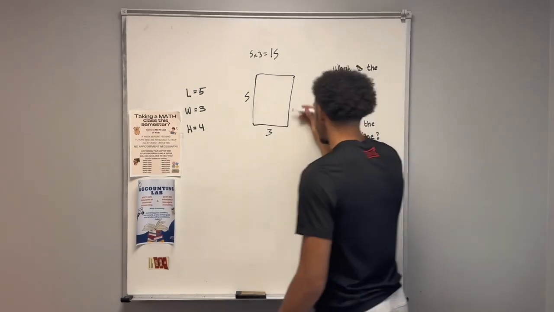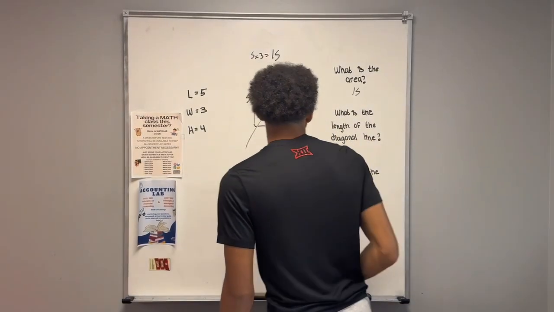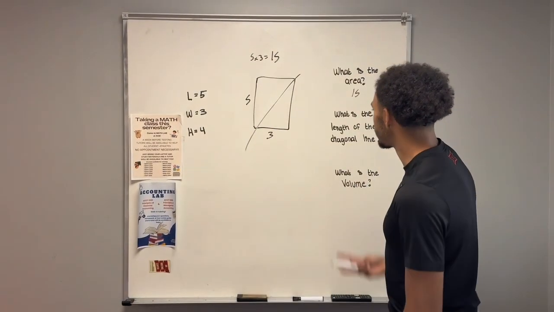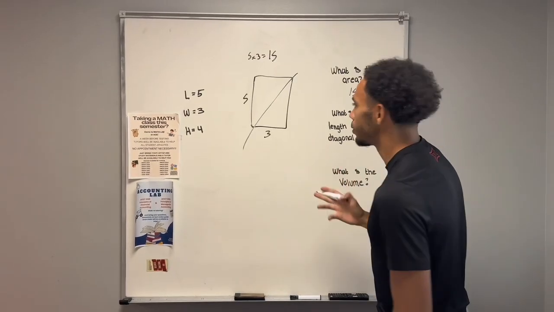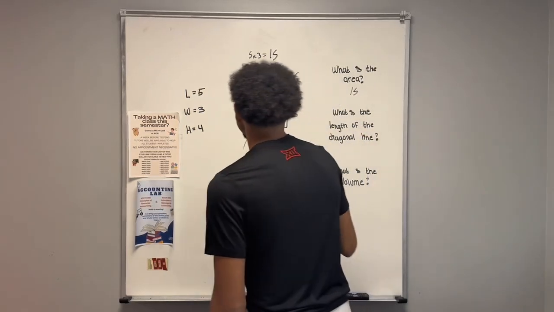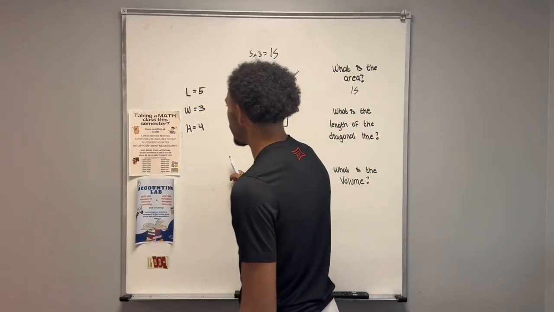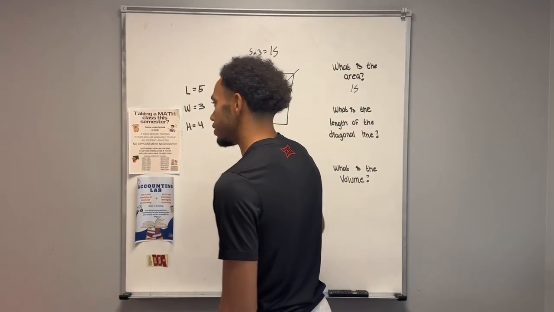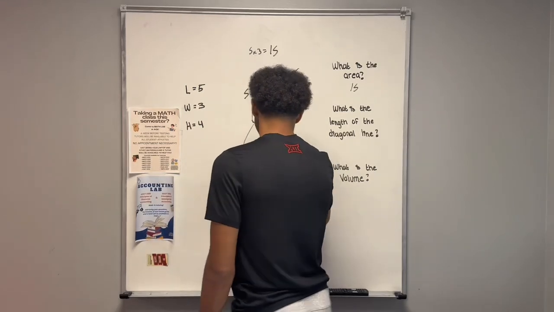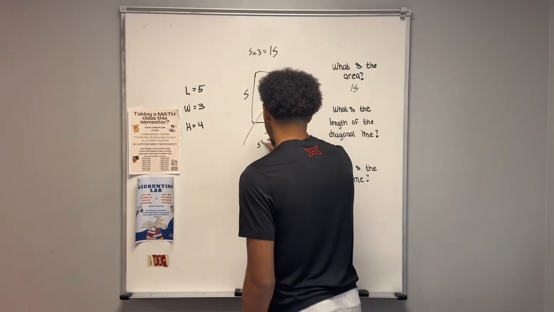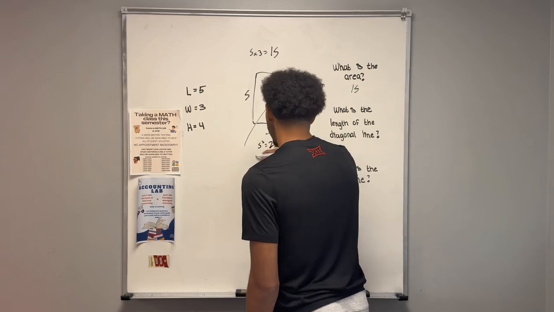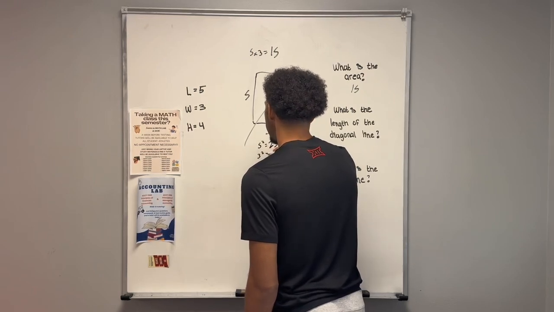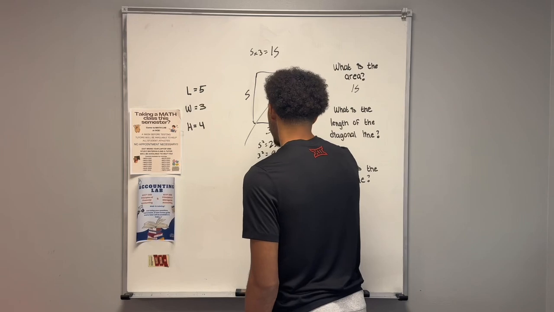Now we're going to cut our rectangle in half, and we're going to answer the second question. What is the length of a diagonal line? To do that, the formula is a squared plus b squared equals c squared. So 5 squared equals 25. 3 squared equals 9.